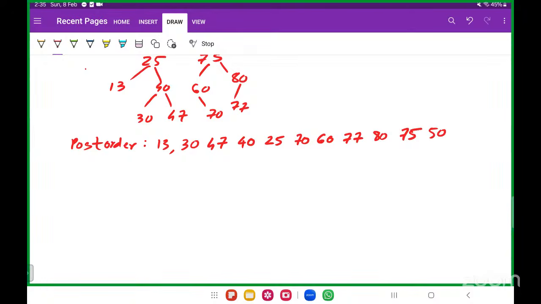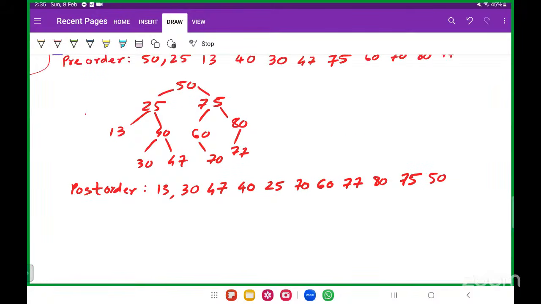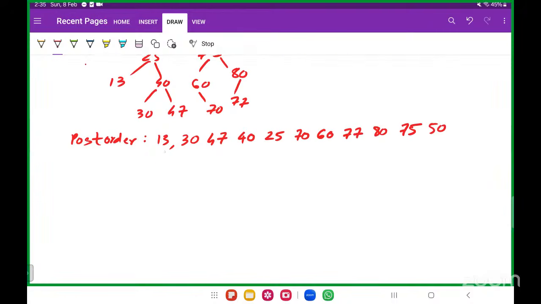So if you calculate, the position of 60 will be, the position starts from 1, so this element's position will be 7. So that is a layman approach to solve this problem.